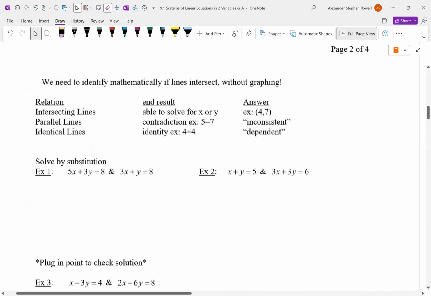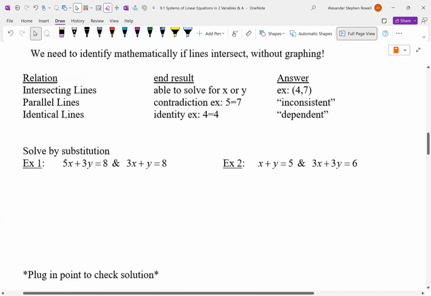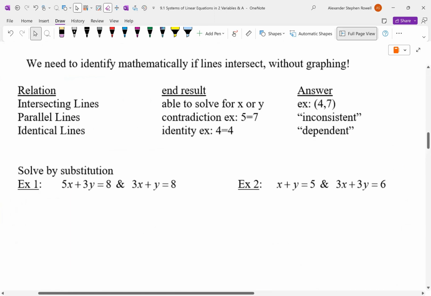So we'd like to do substitution. What we do is plug one equation into the other, and one of three scenarios happens. You can solve for x or y, which implies you have one solution and you'll have to find it. It means they're intersecting lines.